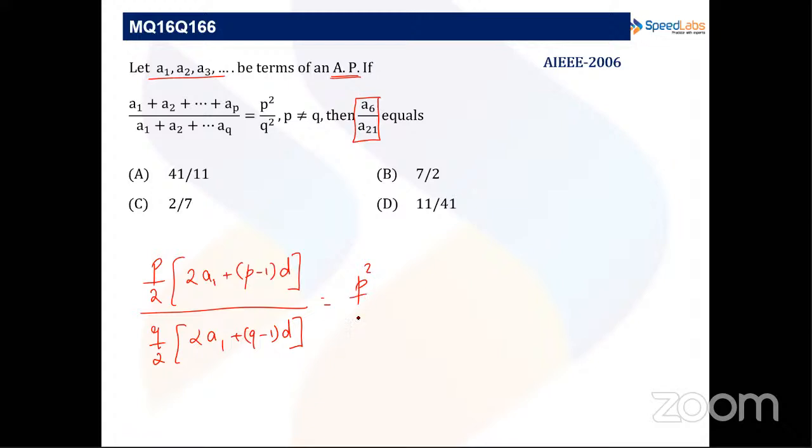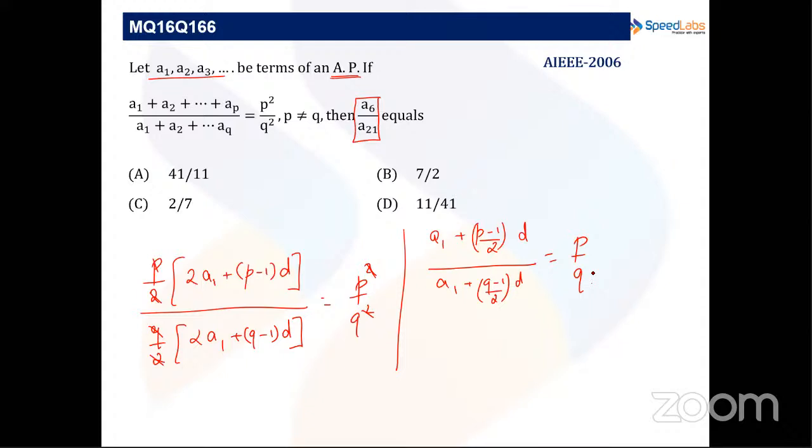And it is equal to p square by q square. 2 will get cancelled out, p will get cancelled out, q will get cancelled out. So on dividing the first and the second terms by 2, we'll be getting a1 plus p minus 1 by 2 d upon a1 plus q minus 1 by 2 d equals p upon q.